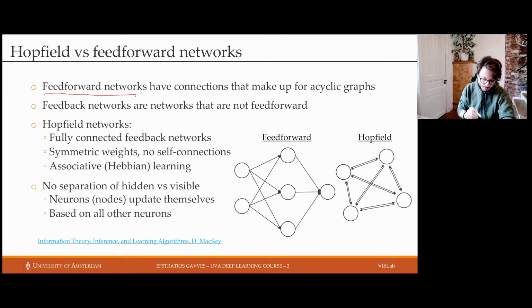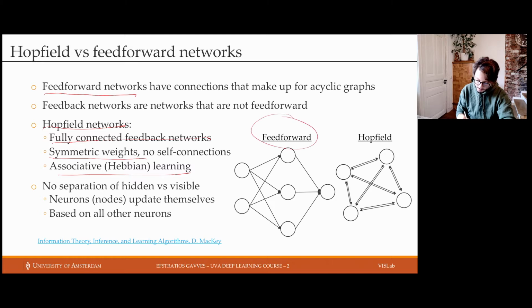Now, Hopfield networks are fully connected feedback networks, so they do contain cycles in their graphs. They are also defined to have symmetric weights, and we apply to them the so-called associative or Hebbian learning rule.